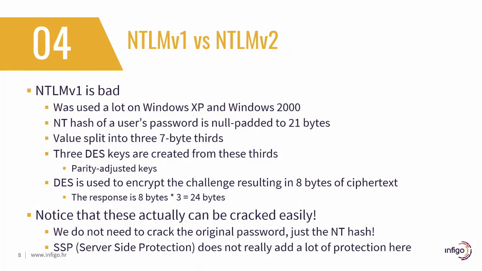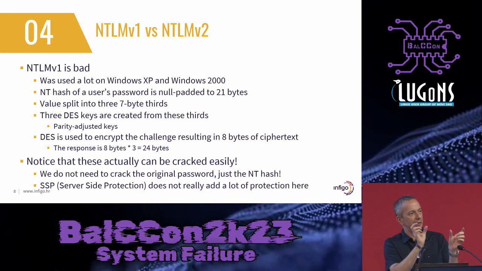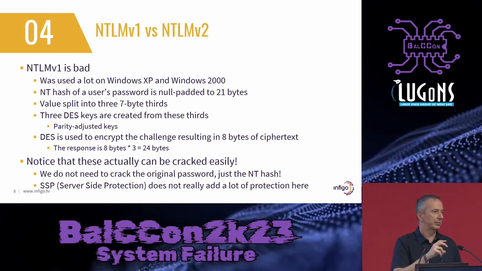So what someone in Microsoft decided to do is, hey, how about we add zeros, right? Remember from the previous talk from Travis, you just add zeros at the end always. So they just null padded this to 21 bytes, split into 3 parts of 7 bytes, and they used those as encryption keys for the challenge with the DES protocol. Very, very old DES protocol.